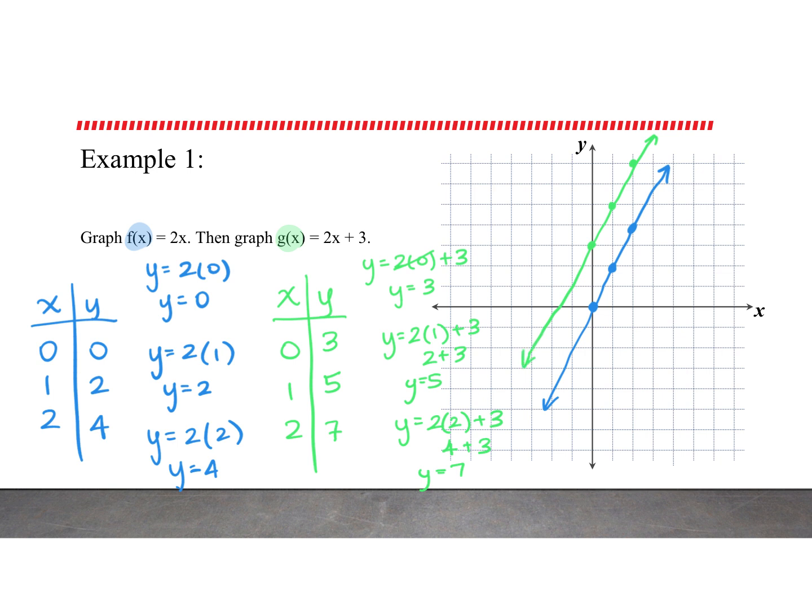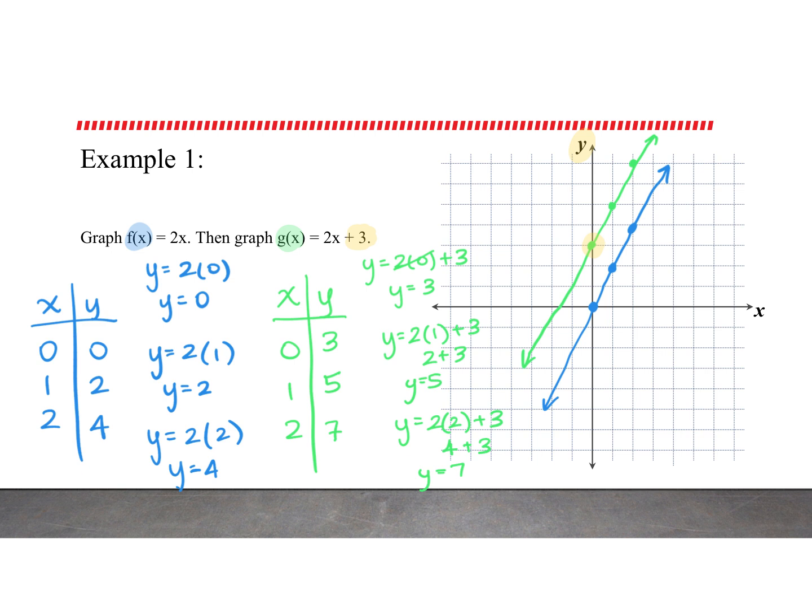Now, before I move past this one, I just wanted to point out the fact that most of this equation was the same. The only thing that was different between these two was this number on the end, this plus 3, where the other equation didn't have it. And because this section is going to focus on our intercepts, I just wanted to point out that that plus 3 is where we are crossing our y-axis.